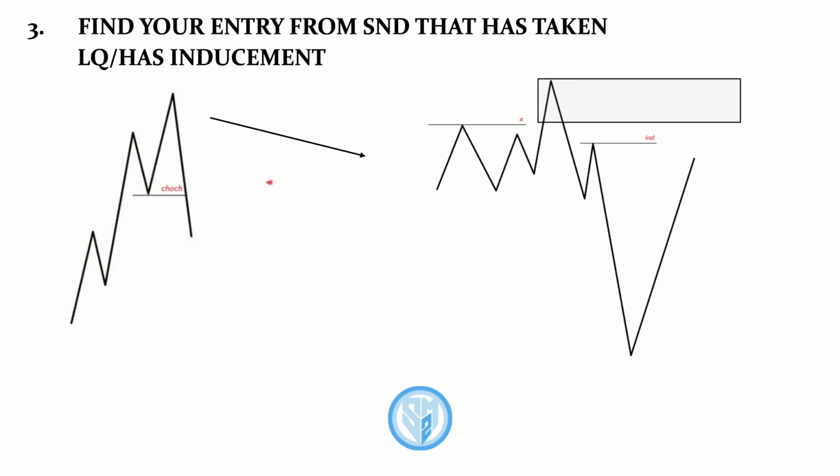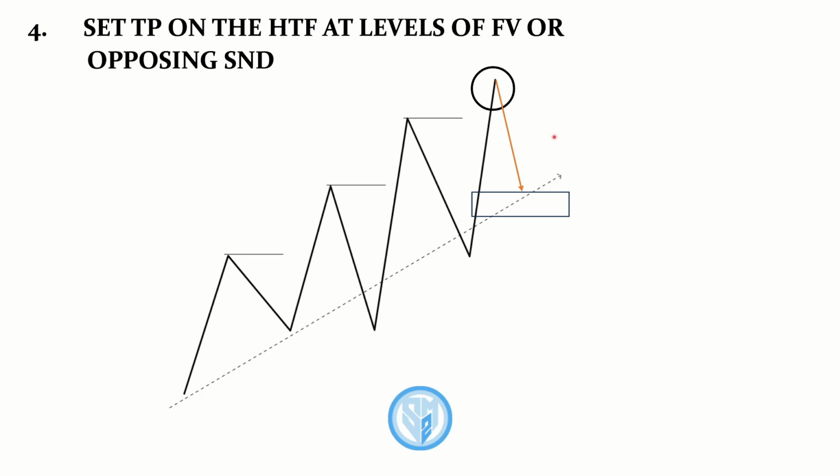All right, so after I see this change of character on the middle time frame, I go on to the 15 minute or the 30 minute, and I look for a liquidity sweep, for a supply zone, for inducement. All right, then we look to set our take profit on the higher time frame again, because we're going to be swinging, we're going to be holding for multiple days, at a fair value gap or at an opposing demand zone.